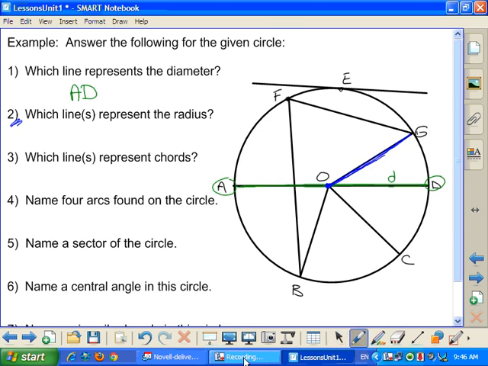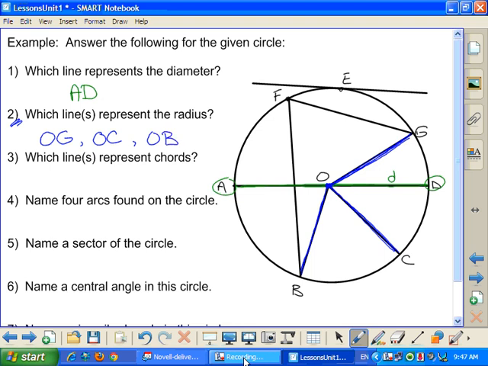So again, OG is a radius. OC is a radius. And OB is a radius. So each of those represent a radius.